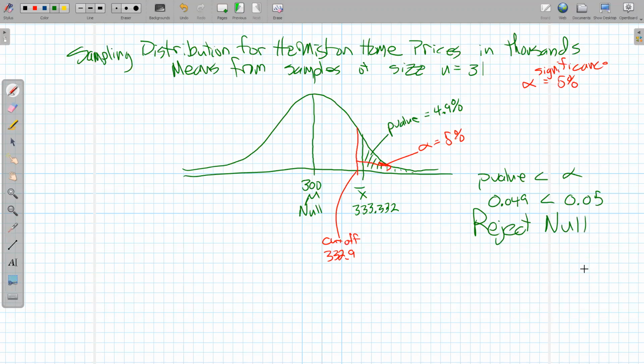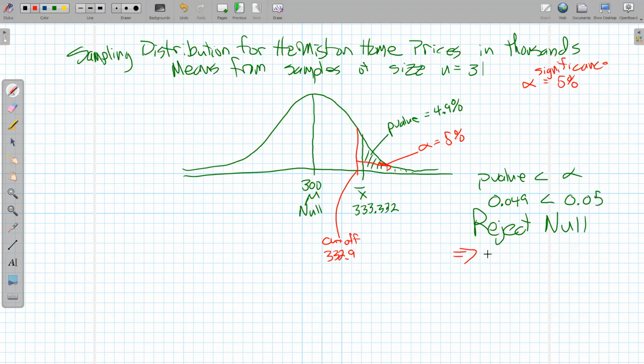Now that doesn't mean much to anybody else, so next we have to come up with a conclusion about what that means. We need to state what the p-value means, and we think about what it means to make an error in this case. So a little reminder of errors. Reject the null means my data supports the alternative. So that's part of my conclusion.